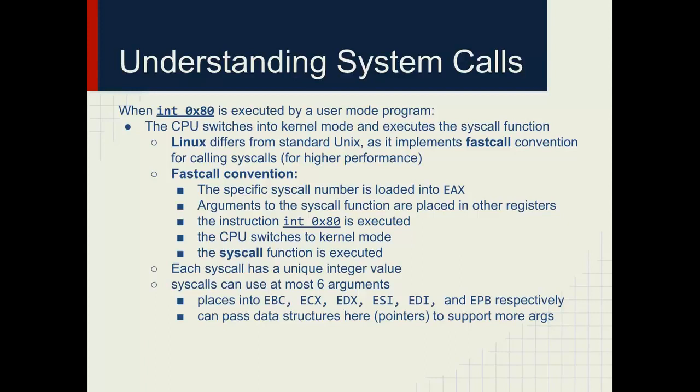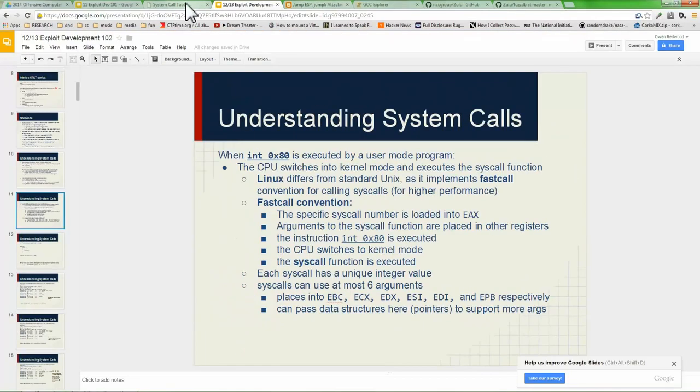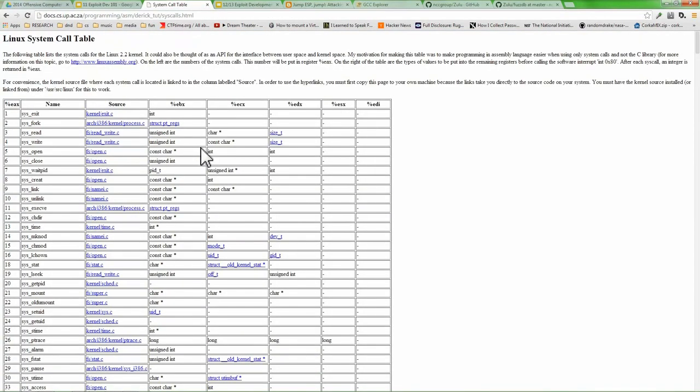So each system call has a unique integer value, and let's jump to the system call table for, what is this? The Linux 2.2 kernel. So this is a little outdated, but it gives you an example. If you set EAX to 1, that would specify the exit system call.